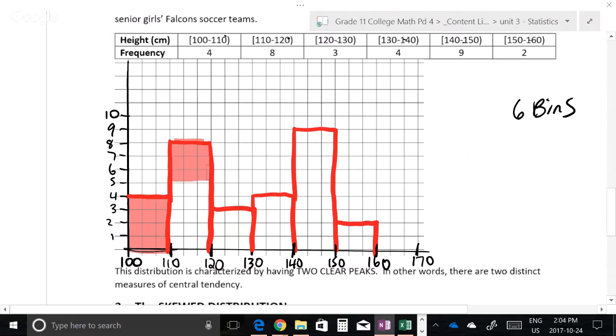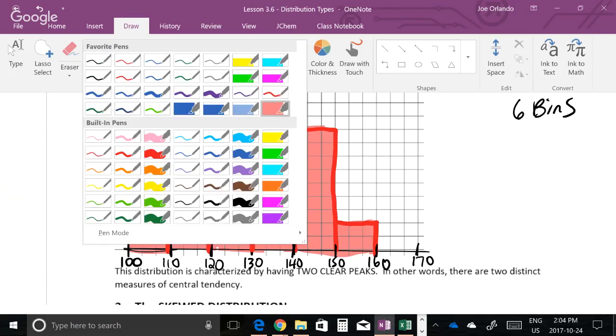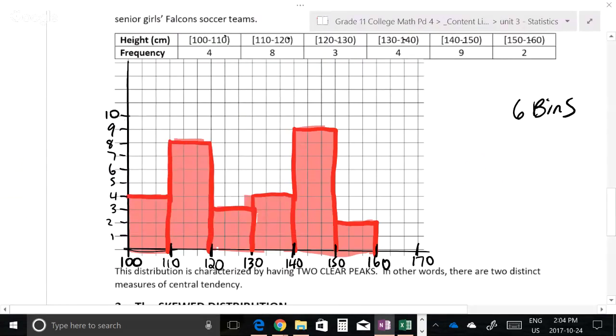Okay, what do you notice about these data? There are 2 peaks. They're not evenly distributed. So we call this bimodal data. We call it bimodal because if I go to draw a curve through this, it's going to go up and peak twice.